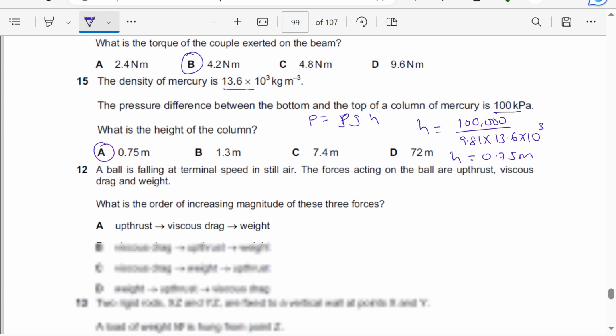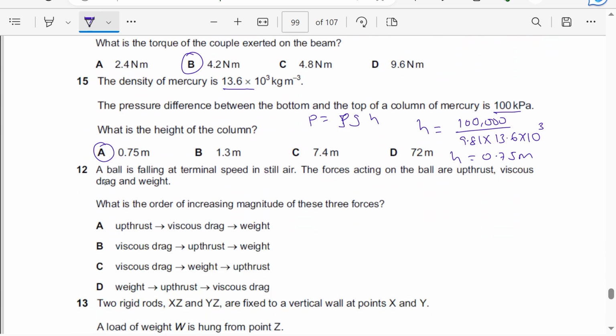The ball is falling at terminal speed in still air. The forces acting on the ball are upthrust, viscous drag, and weight. Of course, the weight will be constant. The upthrust will also be constant if it is already in air. What is the order of increasing magnitude of these forces? Since it is falling, it is only because the weight was actually greater.